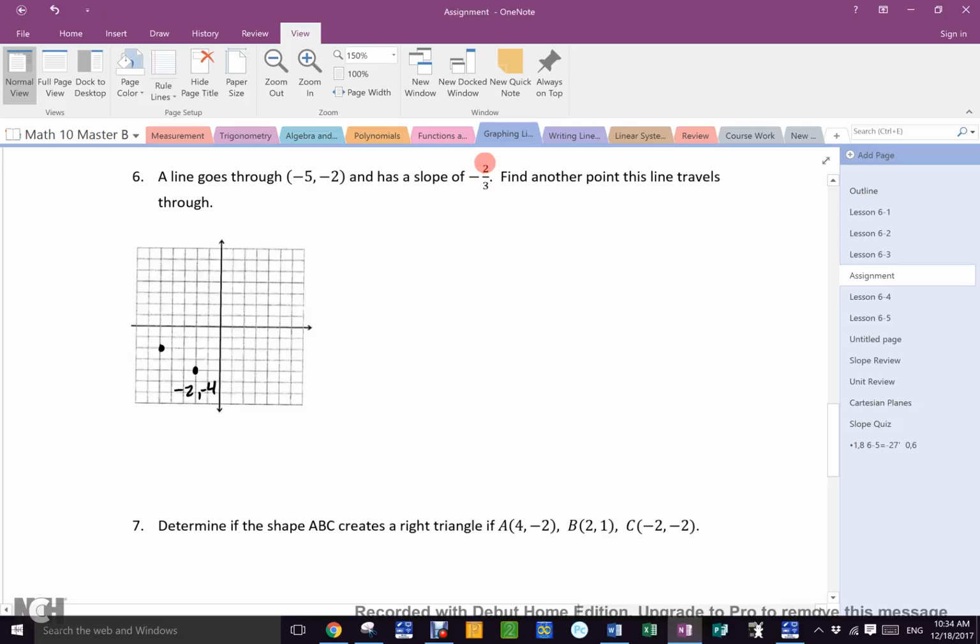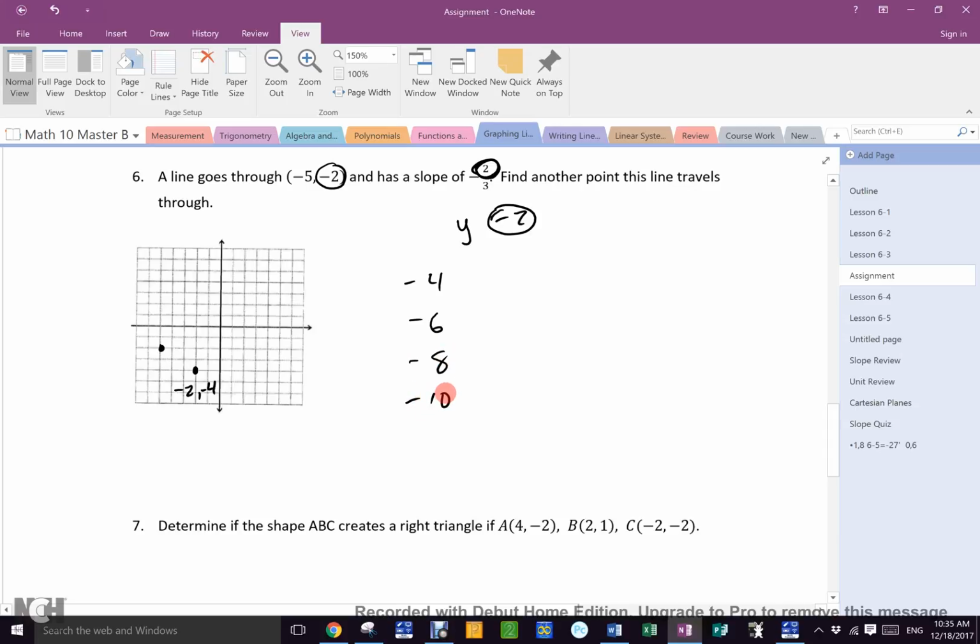Or you could remember that the 2 is the change in y's, right? So as long as my y's did -2, I would be good, yes? Which of these are my y's? That one. So I could do -2 from that to get -4, -6, -8, -10, and so on, yes?